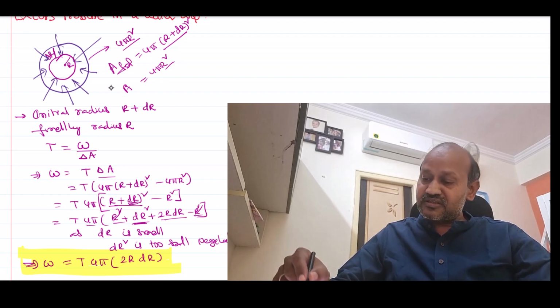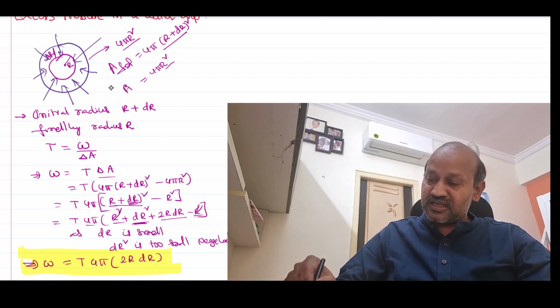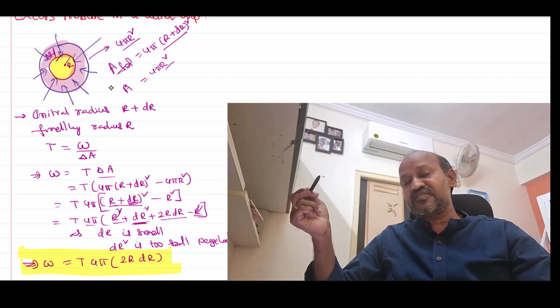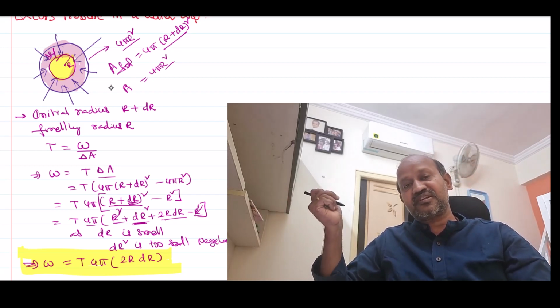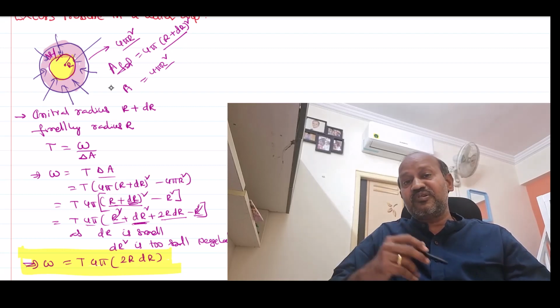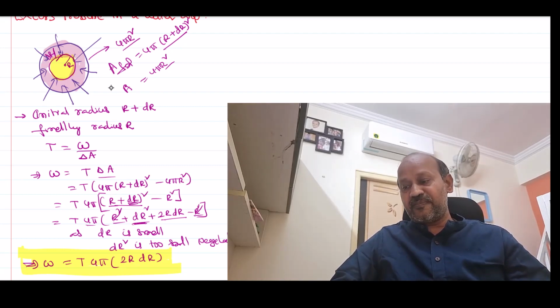That means the drop has an area that I am showing in pink as well as yellow. Inside it is yellow. It initially has this much area, but because of the surface tension force, the drop has acquired a minimum surface area. The pink is gone. Let's assume it has only the yellow area.